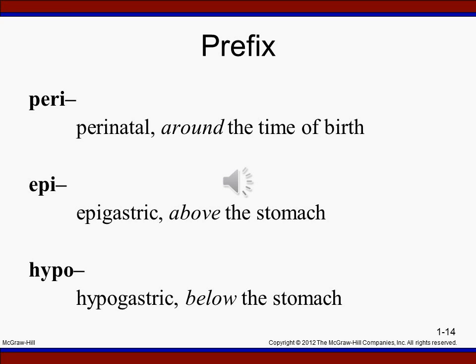The prefix epi means above, and you combine it with the root word gastric. Now we have epigastric, which means above the stomach. Prefix hypo, H-Y-P-O, and the root word gastric. Now the hypogastric means below the stomach.